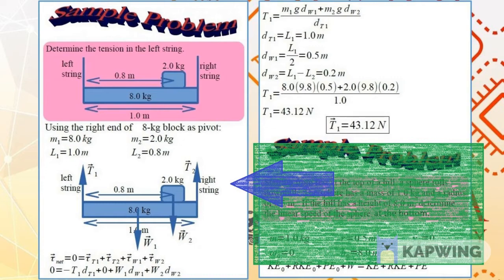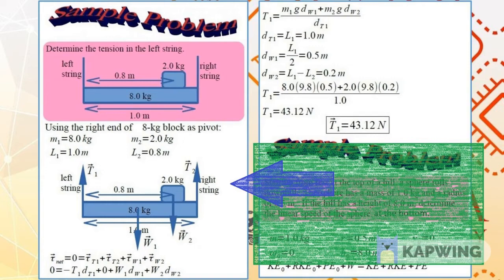So applying that definition, we get the torque of T1 to be minus T1 dT1. Torque of T2 is 0, considering that T2 is applied on the pivot point. Torque of weight 1 is weight 1 multiplied by dW1. And torque of weight 2 is weight 2 multiplied by dW2.